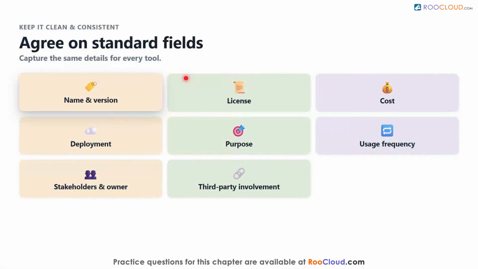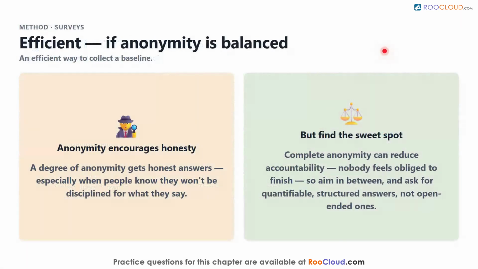To keep the data clean and consistent, agree on a standard set of fields up front, capturing things like the tool's name, version, license, cost, how it is deployed, its purpose, how often it is used, its stakeholders, its accountable owner, and any third-party involvement.